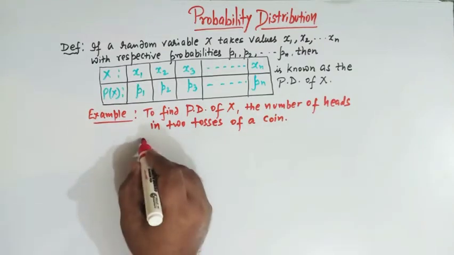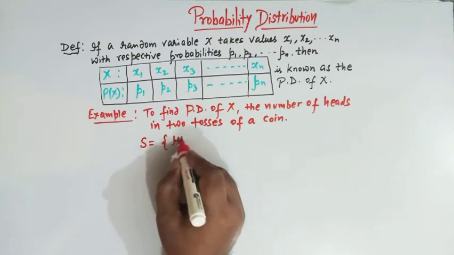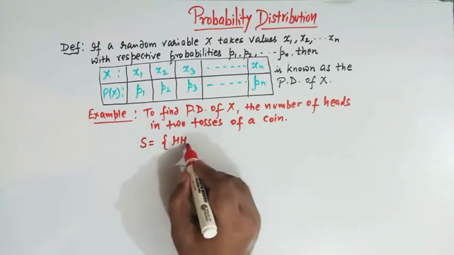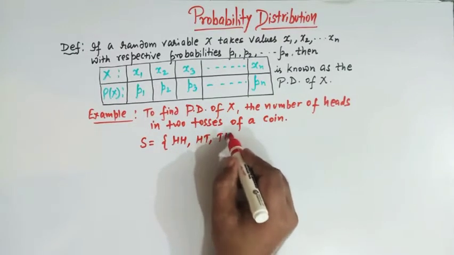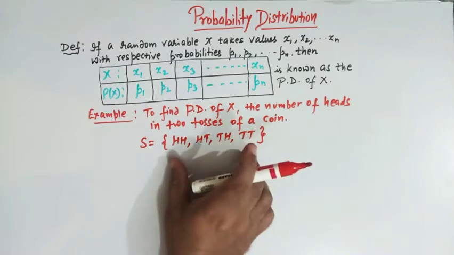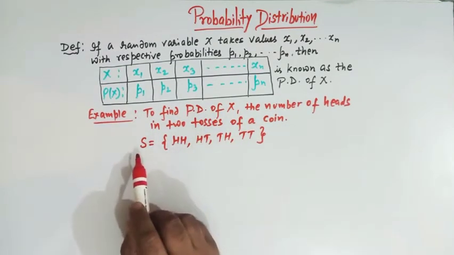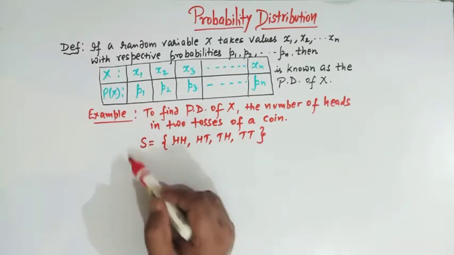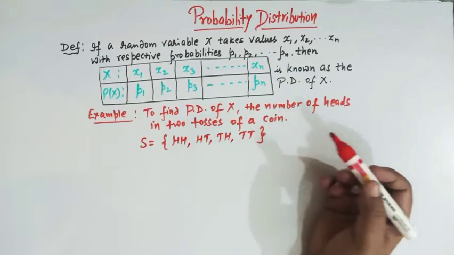So the sample space S contains the elements HH, HT, TH and TT. So these are the 4 simple events which belong to the sample space of tossing 2 coins.